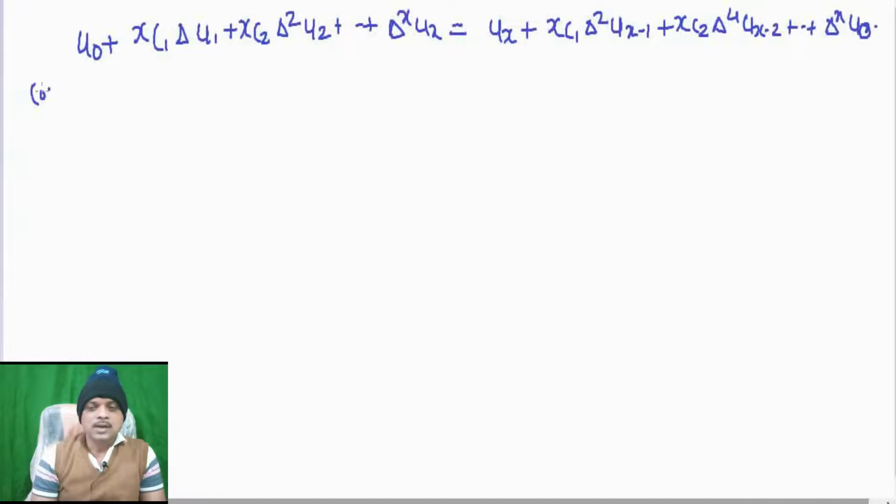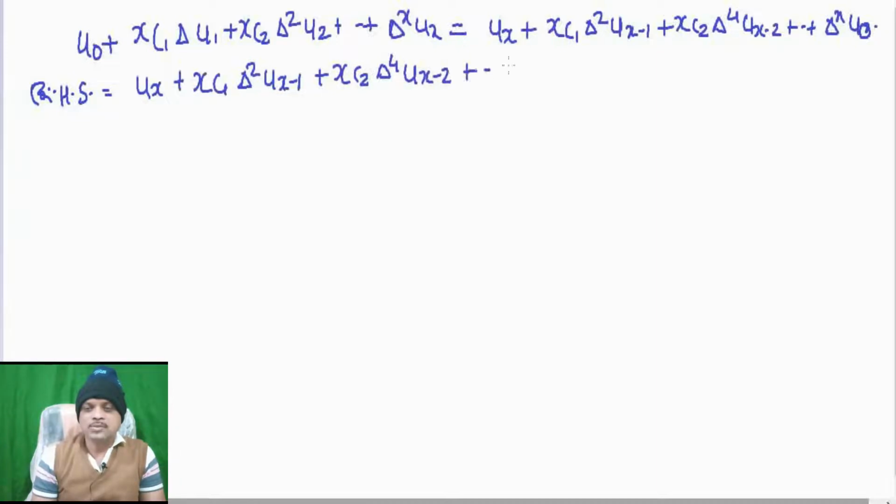Now consider the RHS equal to ux plus xc1 delta square ux minus 1 plus xc2 delta raised to 4 ux minus 2 plus delta raised to x into u0.